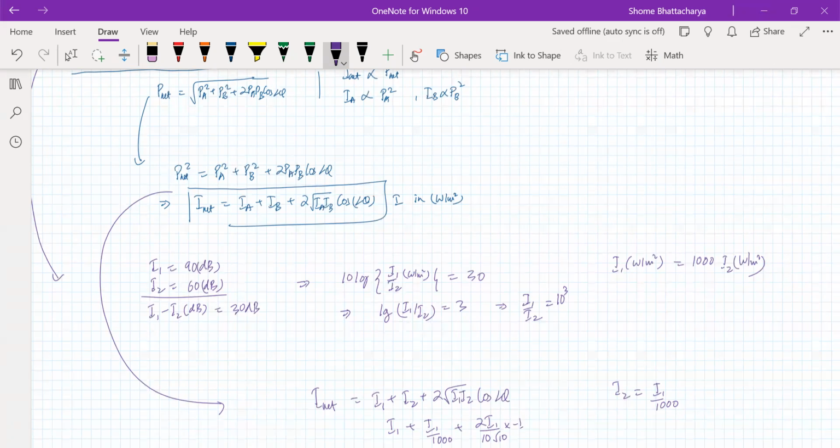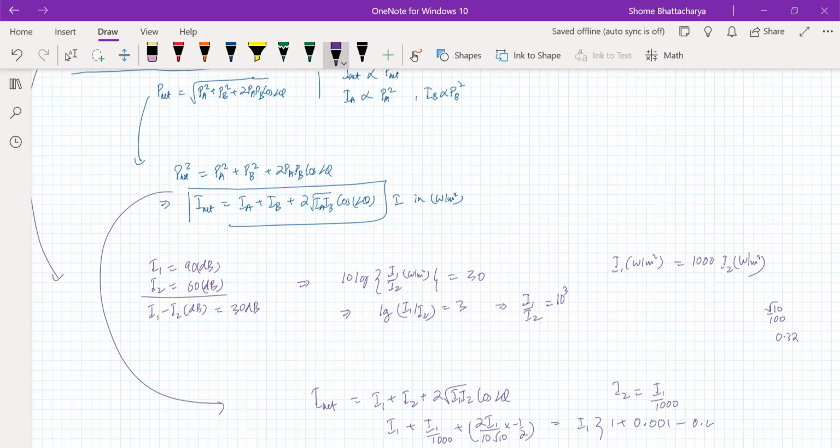Now cos delta phi is minus half. So it is I1 times 1 plus 0.001, minus how much will this be? We can write this as root 10 by 100 now, and root 10 is approximately 0.32.